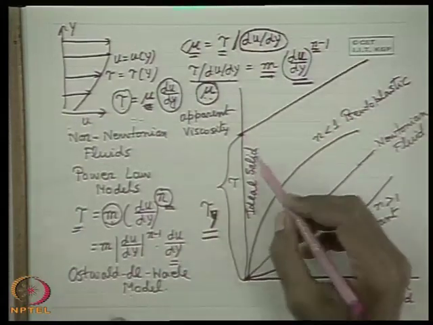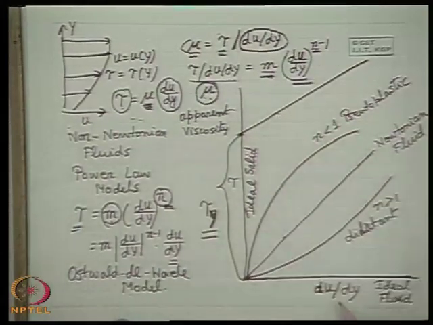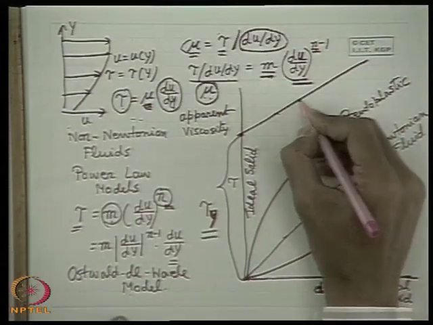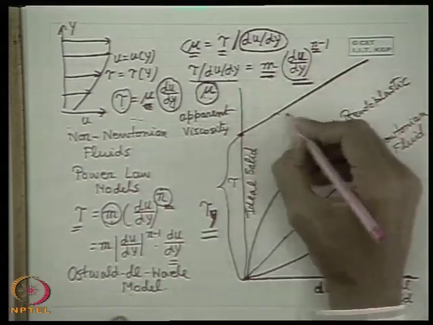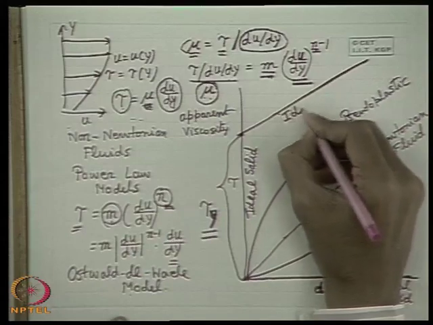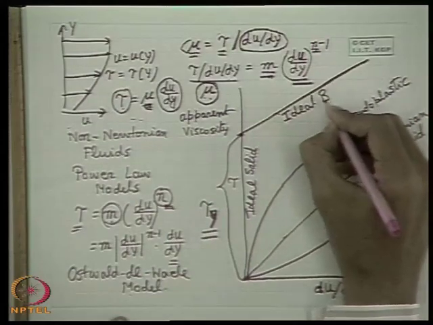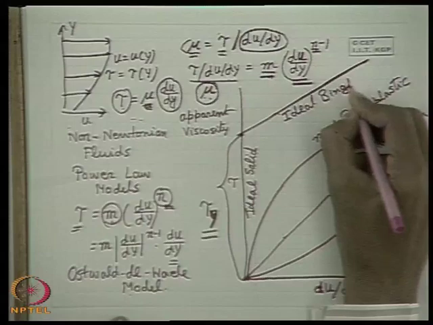The relationship between the stress and the velocity gradient may be of different nature, but an ideal relation will be a straight line, and these substances are known as ideal Bingham plastic.